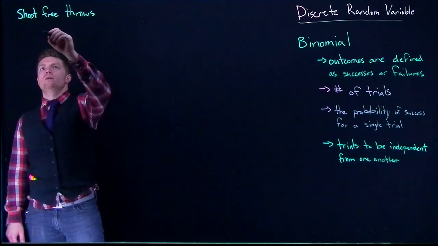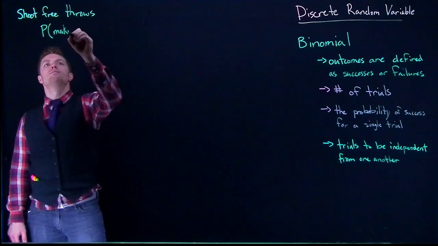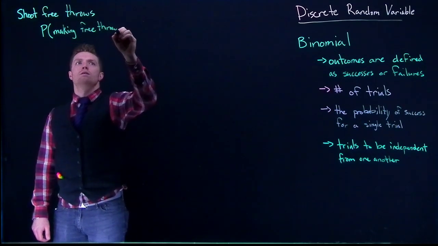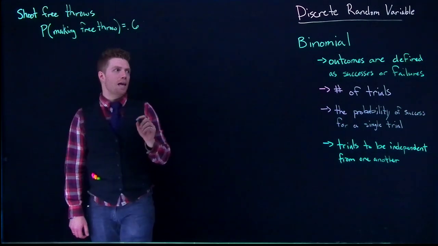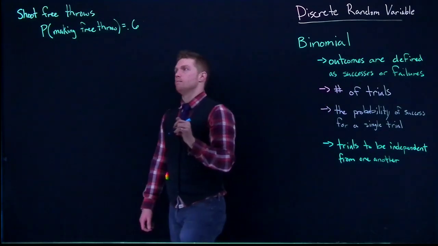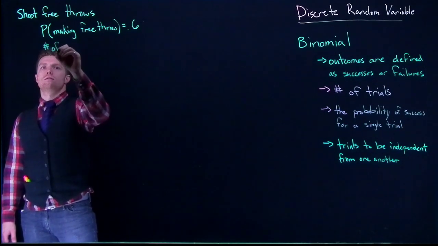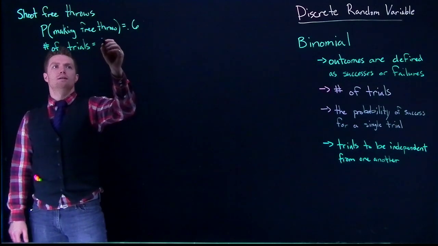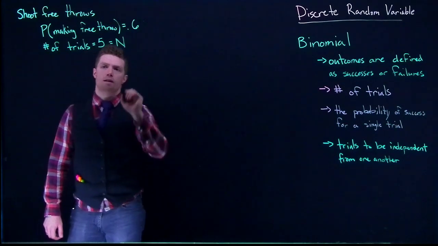So we know that the probability of making a free throw is equal to 60%. And let's say that I'm going to shoot the basketball 5 times. So we'd say the number of trials is equal to 5, and we can label that as n.